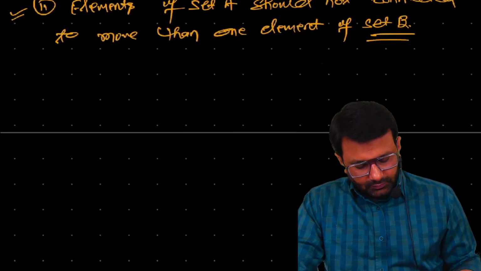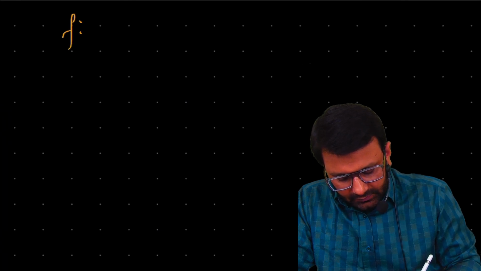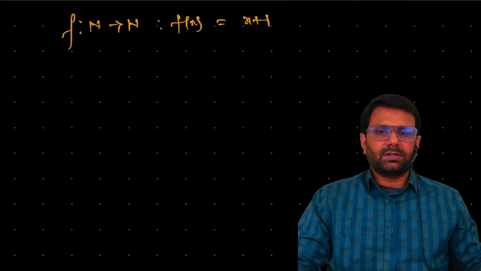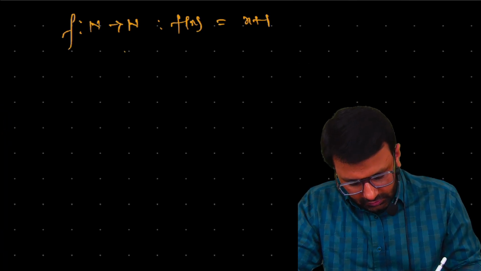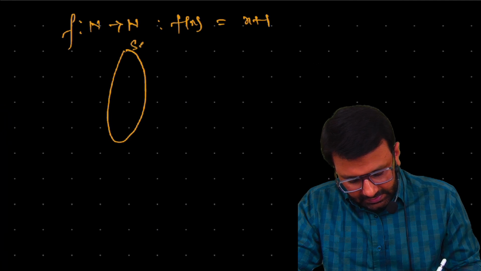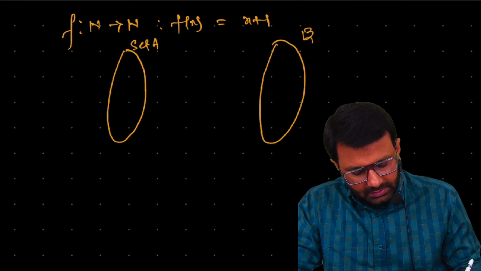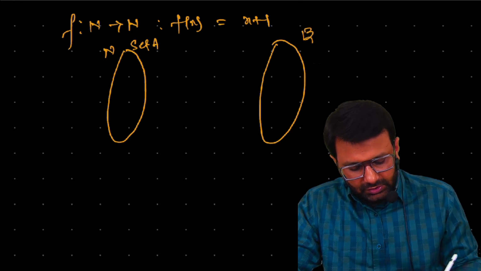Now suppose I am taking one function defined from natural numbers to natural numbers such that f(x) = x + 1. This is set A and this is set B, both sets of natural numbers.